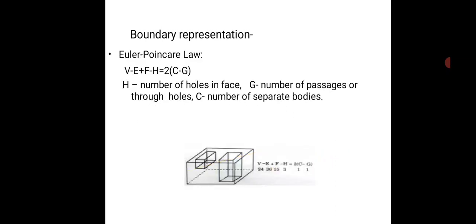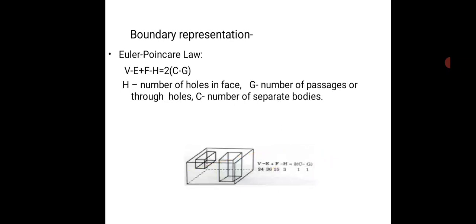Then for boundary representation, the Euler-Poincare law: if the part has holes, we can use the formula V minus E plus F minus H equals 2 times (C minus G). Here H means number of holes in faces, G means number of passages or holes through the body, C means number of separate bodies.